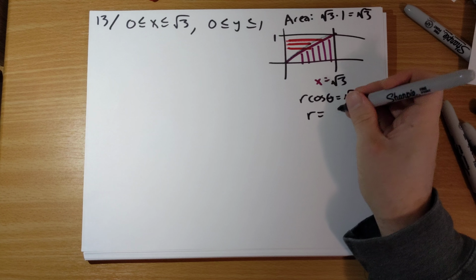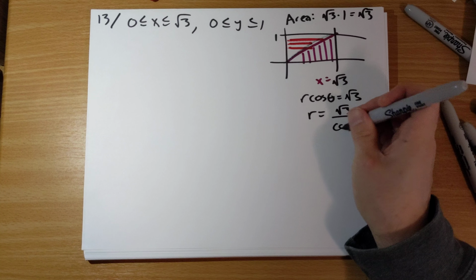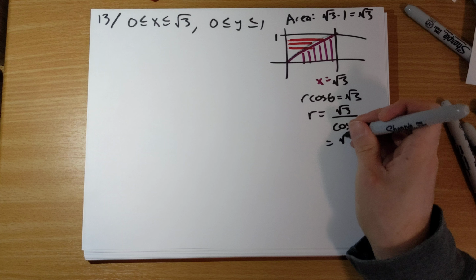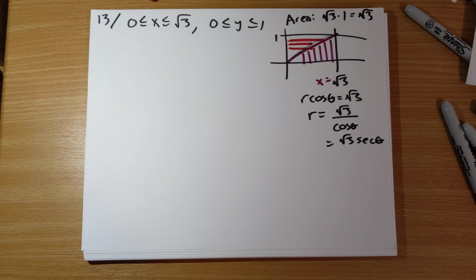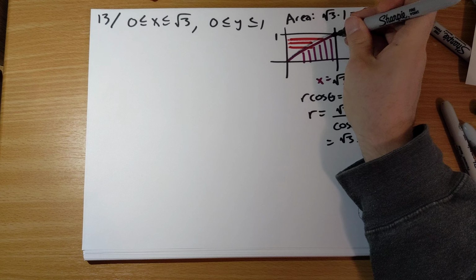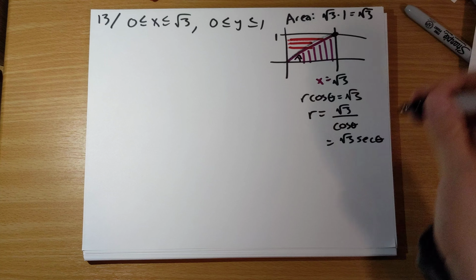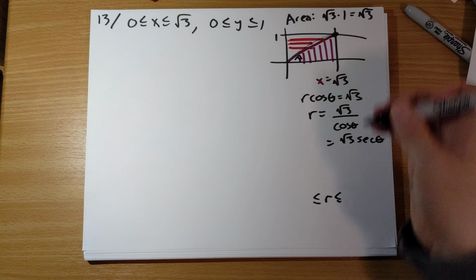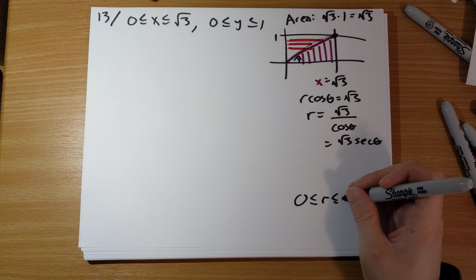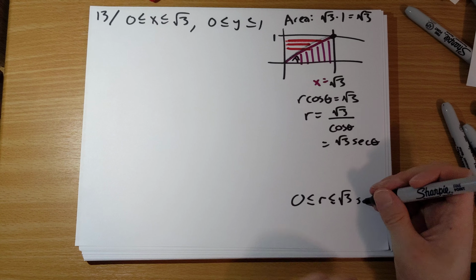So r is square root 3 over cosine theta, or square root 3 times secant theta if you prefer that version. So r runs from 0 to square root 3 secant theta.